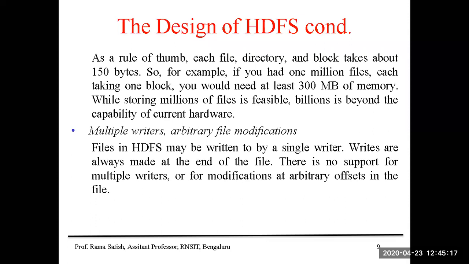While storing millions of files is feasible, billions is beyond the capability of the current hardware. So if you have small files, it is very difficult for HDFS to maintain all those files.